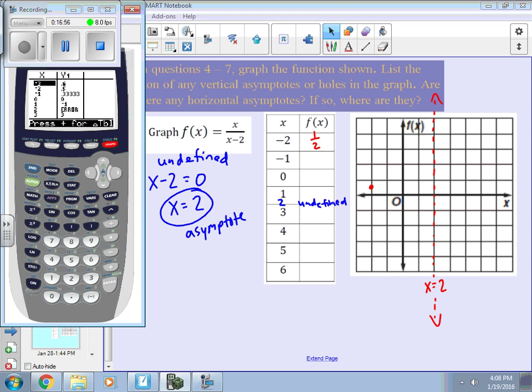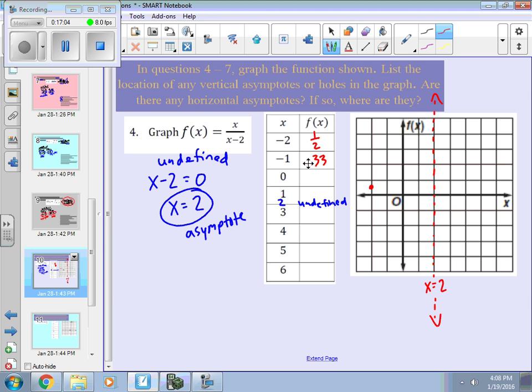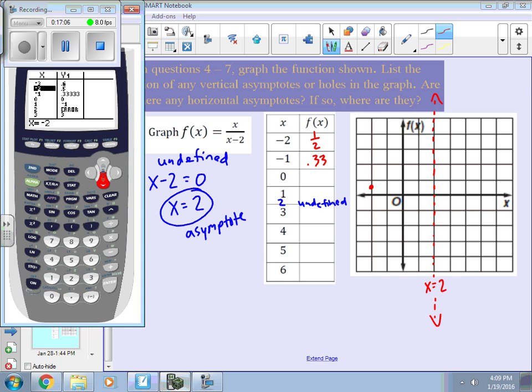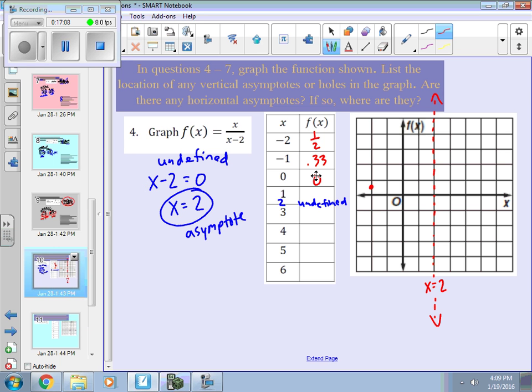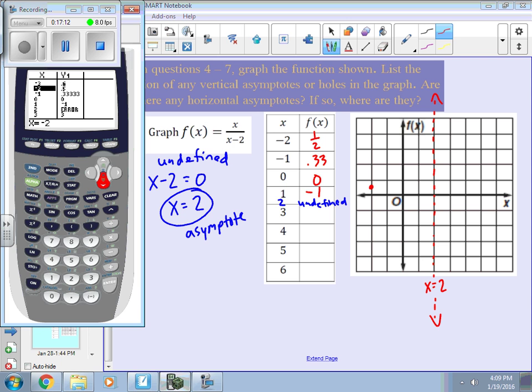So -2 is 1/2, same thing right here that we came up with. At -1, you get 0.33333. At 0, it is 0. At 1, it's -1. Notice on here, what does it say at 2? Error, because it's undefined at 2.